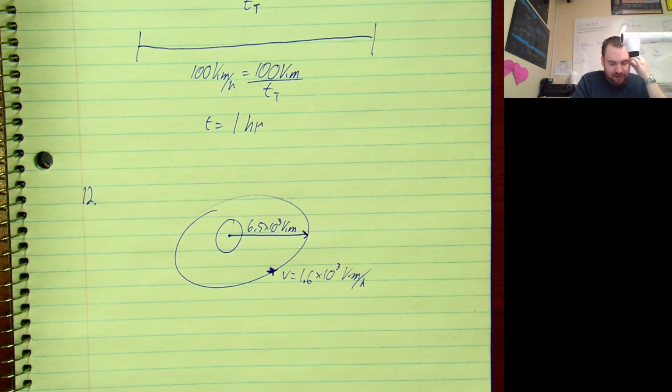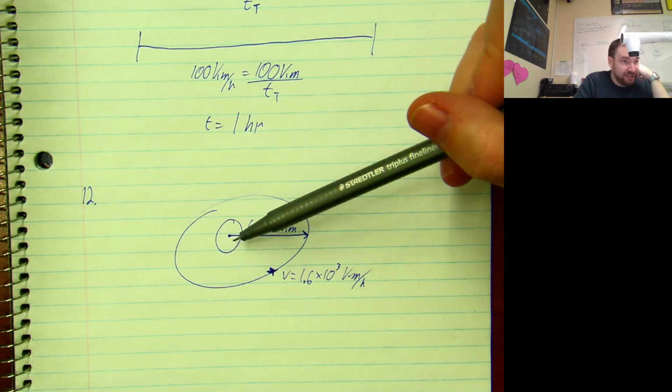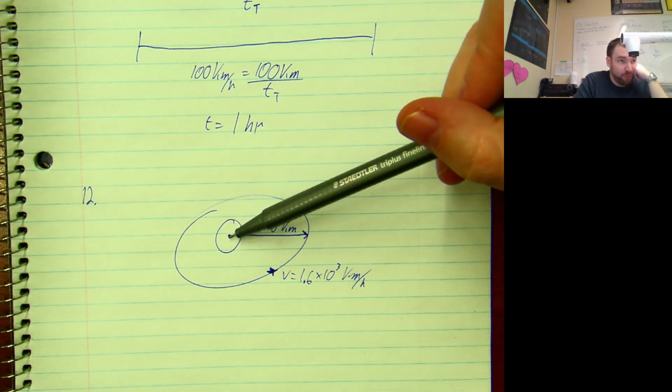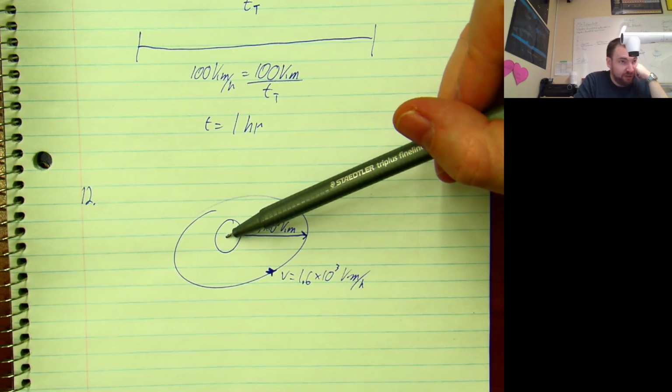So it's a couple hundred kilometers above the surface of the Earth, if I remember my numbers right. But that's the radius. That's not the distance from the surface of the Earth. Orbital radius is measured from the center of the circle. So that's the center of the Earth. It would be the middle of that circle.